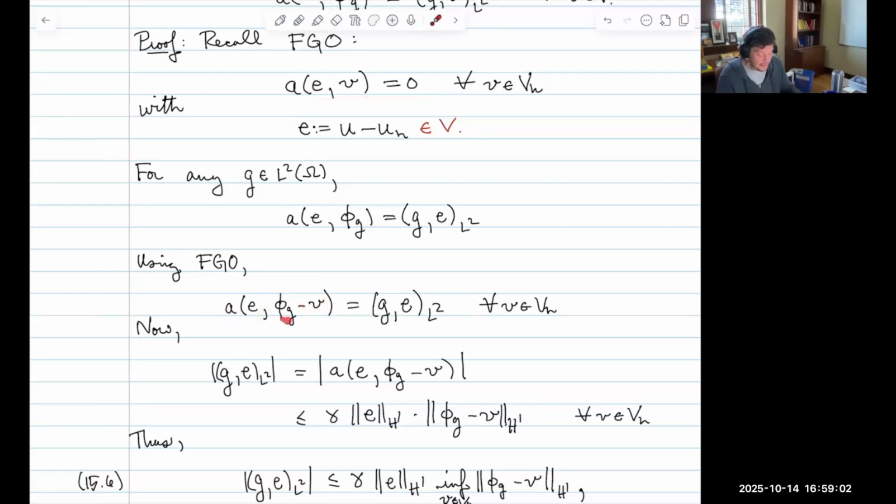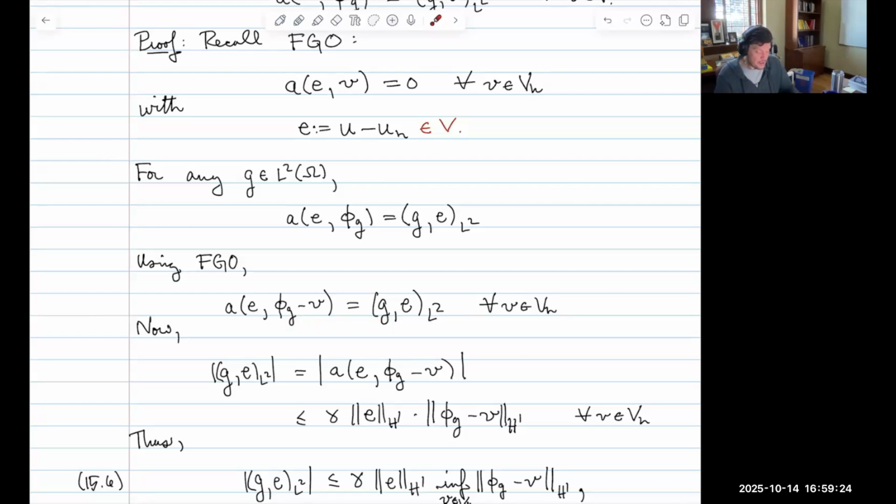I can use the linearity in the second component to bring that term out, and you realize it's just 0. So all I'm doing by putting in this v from VH, and it has to be from VH, is changing it by nothing. We're just adding 0.